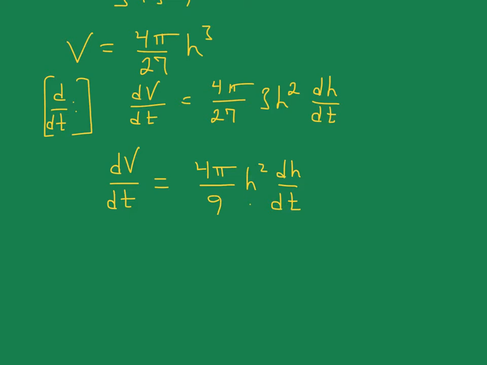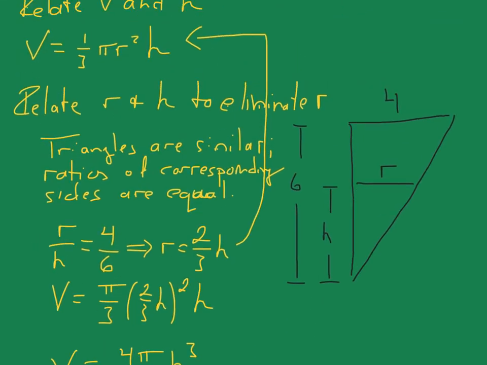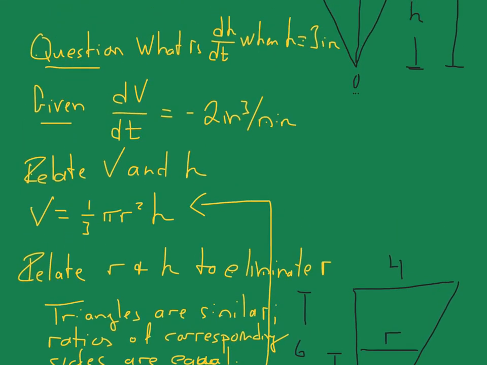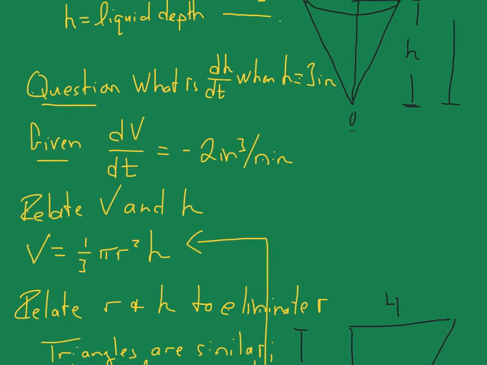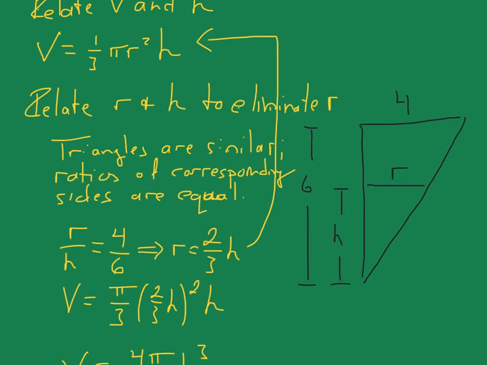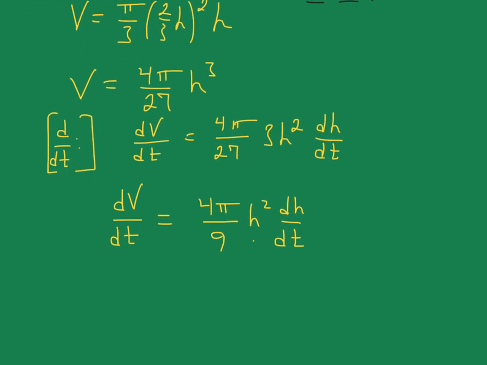What was our original question? So we go up, because we may have forgotten, that's why we write this down. Well, our original question is, what is dh dt when h is equal to 3 inches? So we're going to let h equal 3 inches, and we were given that dv dt was always minus 2 inches cubed per minute. So let me just write that in down here.